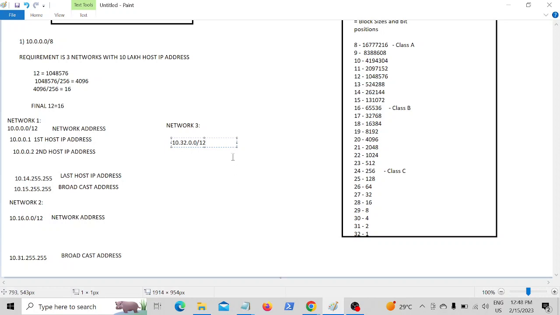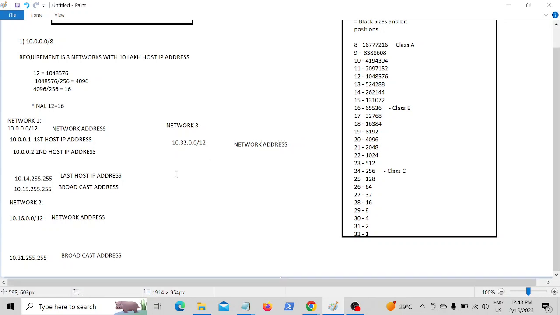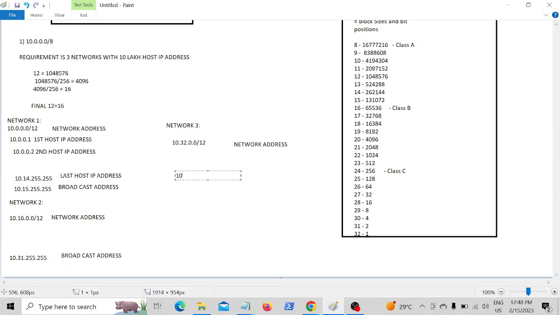This will be the network address. What is the broadcast address? 10.47.255.255. This will be the broadcast address.